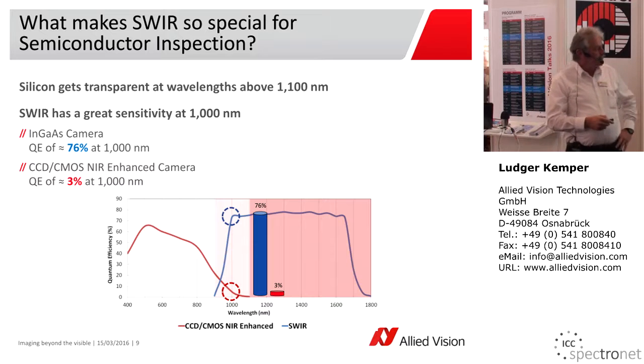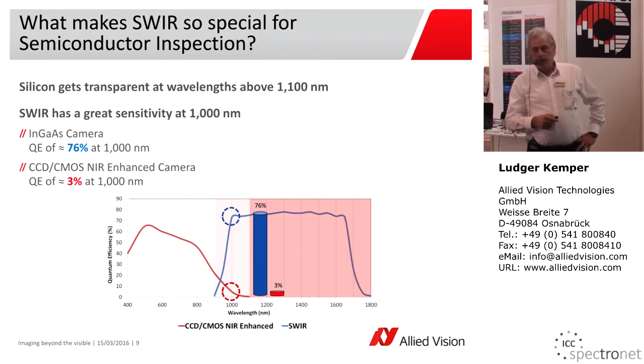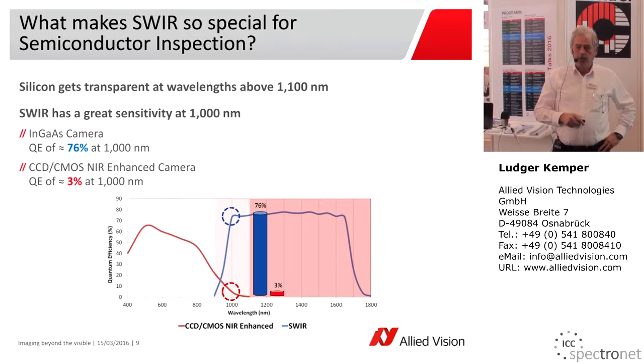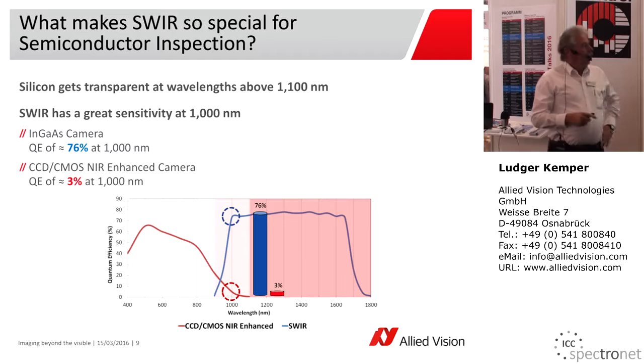And above 1,100 nanometers, silicon becomes transparent. So that is the reason why you can look through the ingot and see inclusions in the ingot.